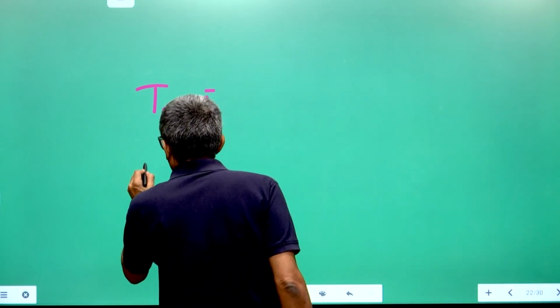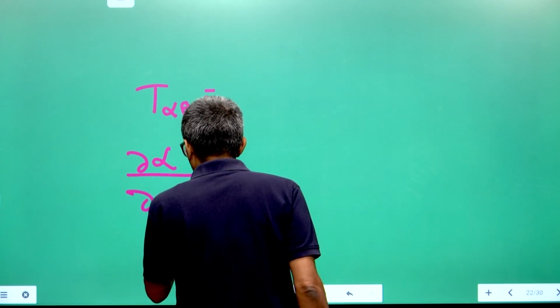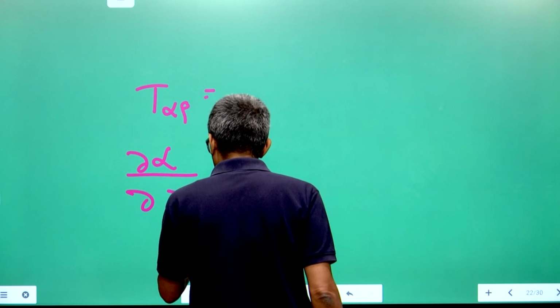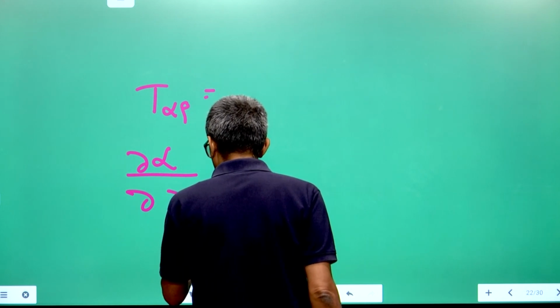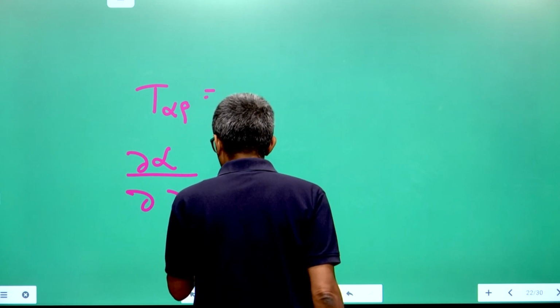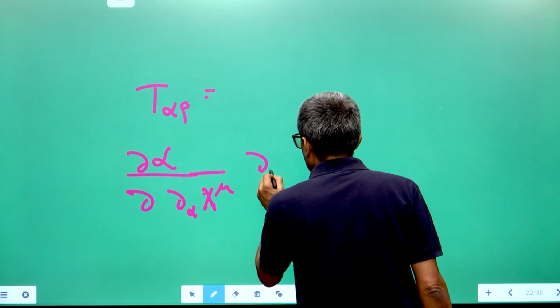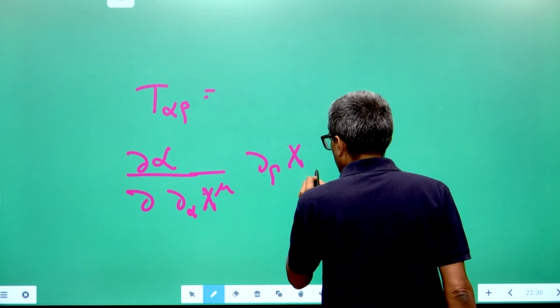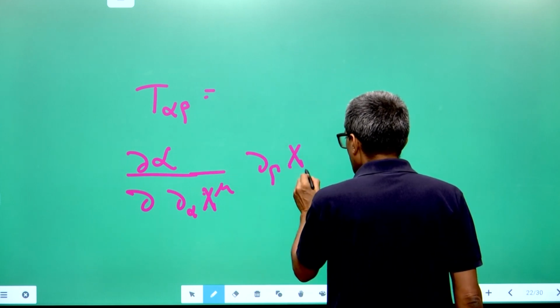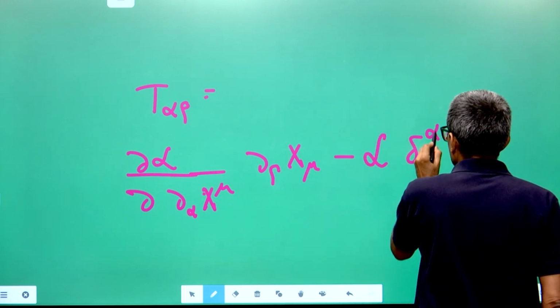So you can also compute it in a different way. You can compute the energy momentum tensor as ∂L/∂(∂_α x^μ) times ∂_β x^μ minus L times δ_{αβ}.